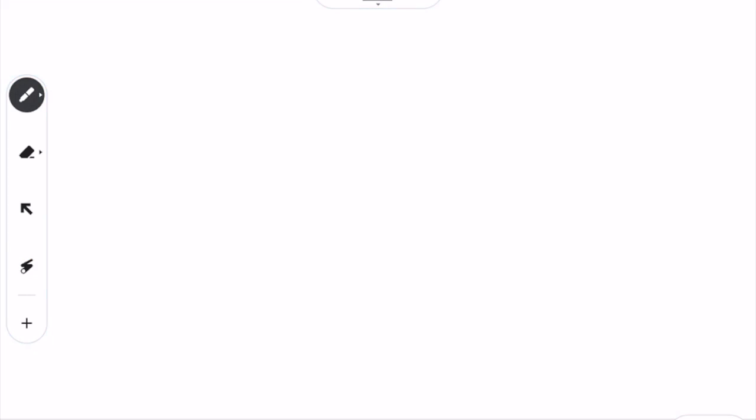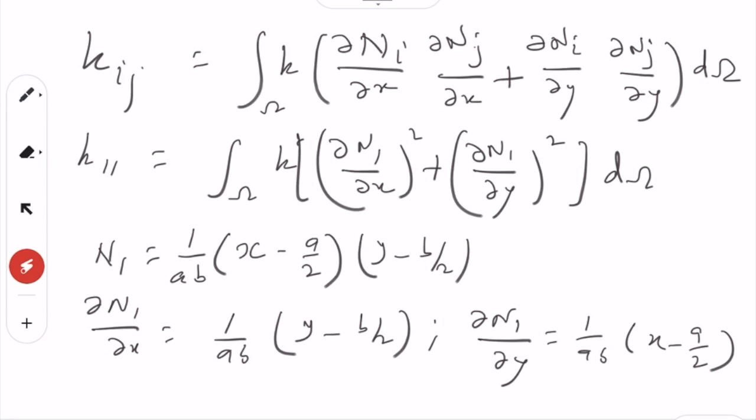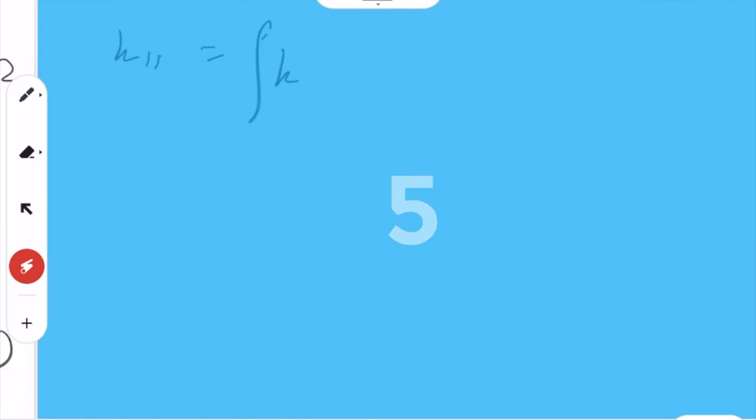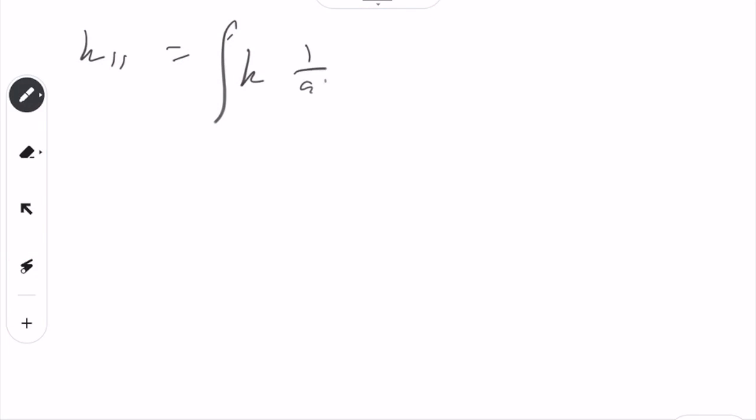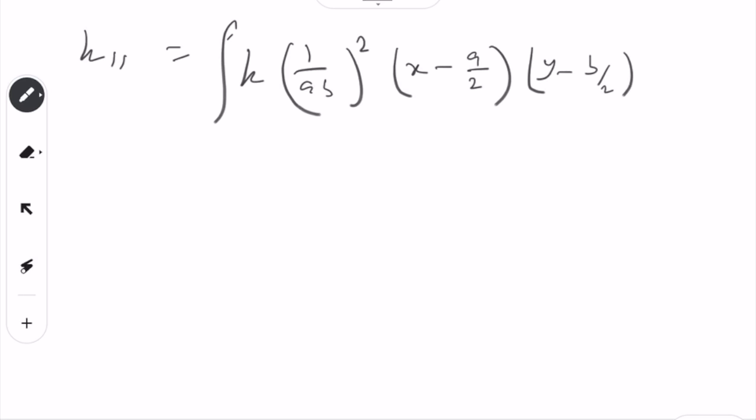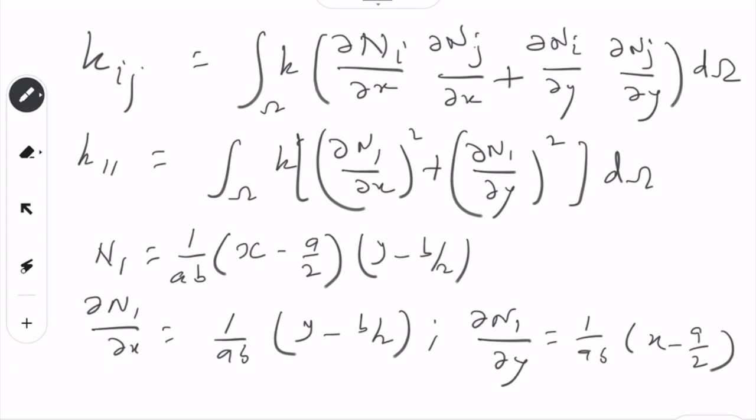So k11 is equal to k, which we can take as a constant, and then 1 over ab squared, and then x minus a over 2 multiplied by y minus b over 2 d omega. Okay, so when we say omega, that is the area ab.